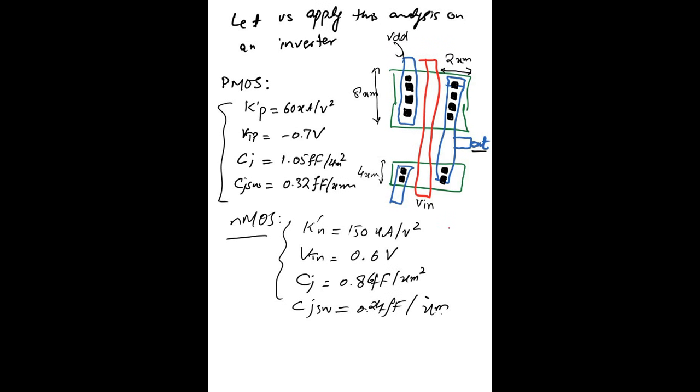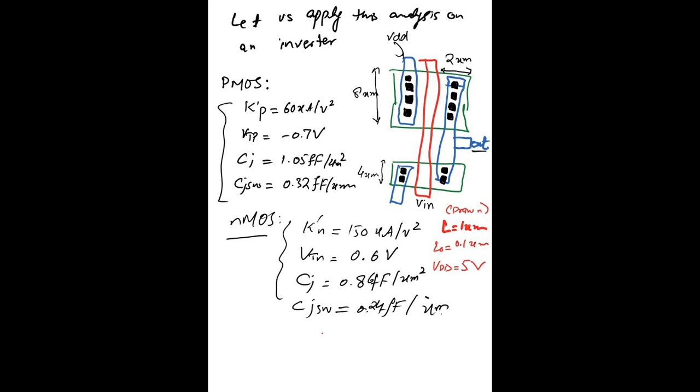There are other parameters which are linked with our design. Here we have L equal to 1 micrometer. Then we have L0, which is equal to 0.1 micrometer. This one is our drawn length. And then we have VDD, which is equal to 5 volts.